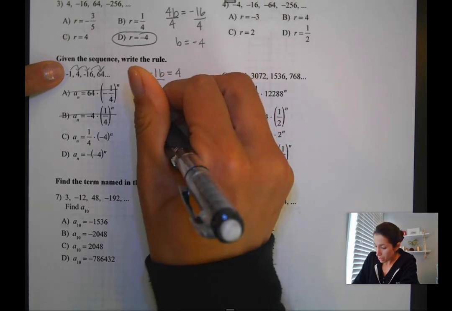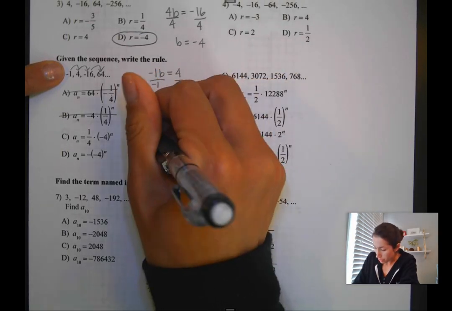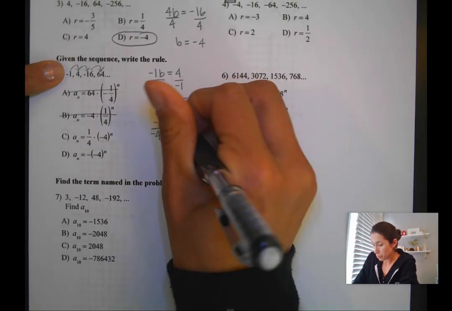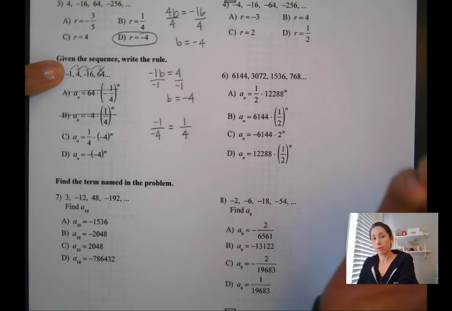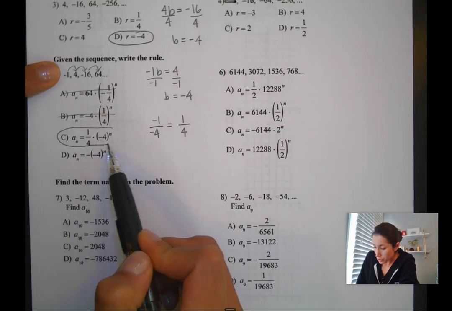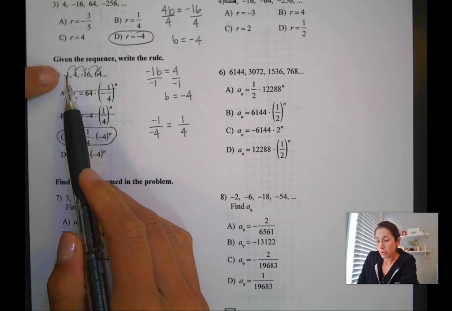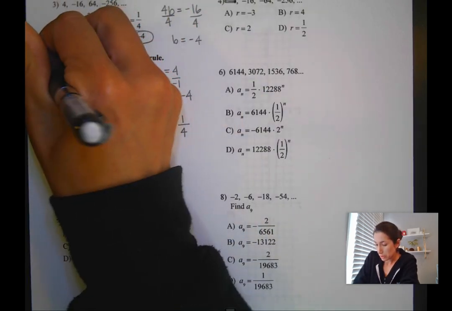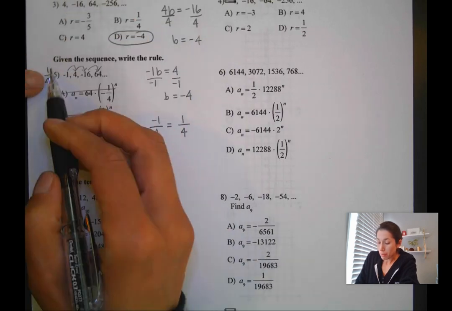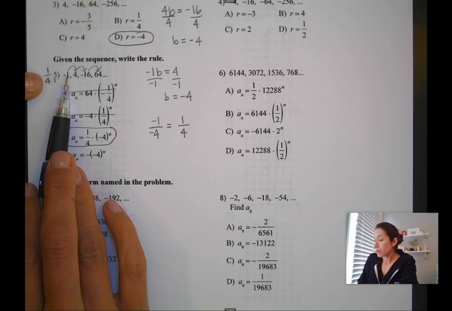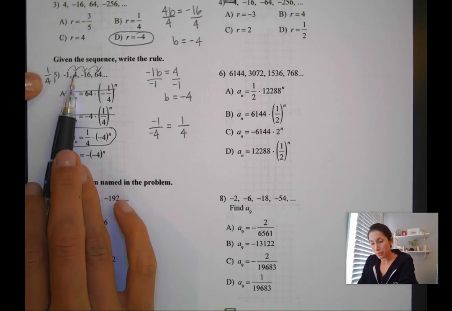So -1 divided by this common ratio is equal to, and that would simplify to 1/4. So this is going to be our equation here. If you were to imagine that there was a number that came before this number here, it would be 1/4, comma. And then if I multiply 1/4 with -4, I'm going to get -1. Multiply -1 with -4, I'm going to get +4, and so forth.